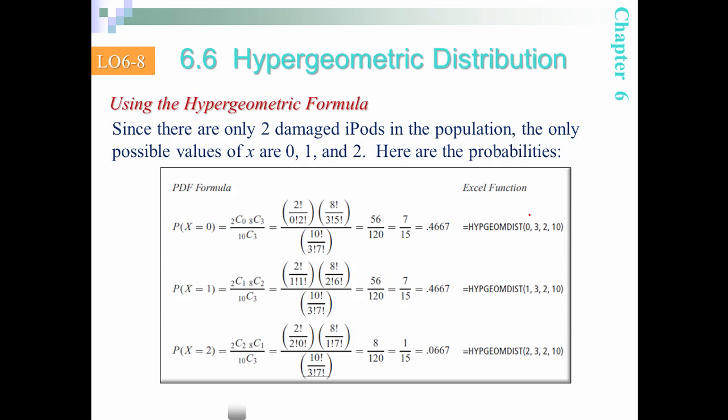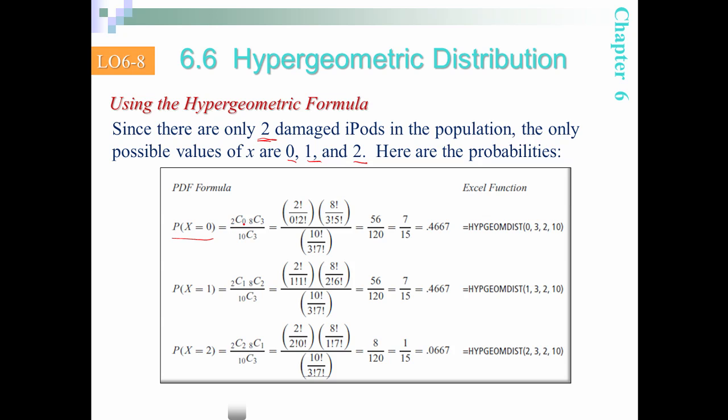So here's the entire probability density function for this random variable the way we have it set up. We have 2 damaged iPods in the population, and so the values of x are either 0, 1, or 2. And so we can write down all these probabilities. What's the probability x is equal to 0?